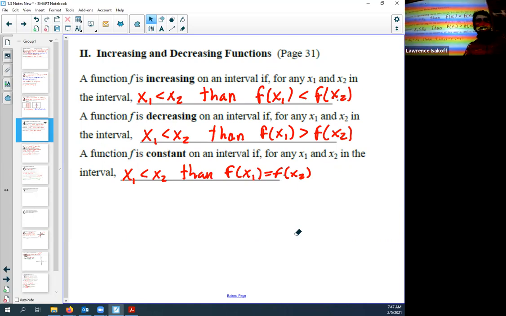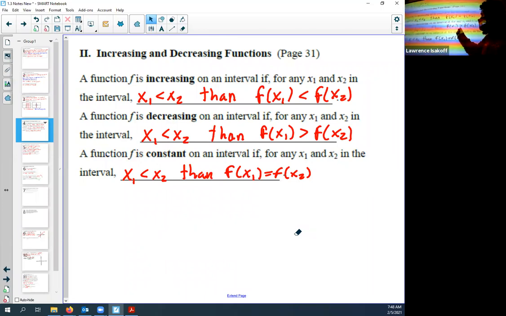Basically what this is saying, x1 is less than x2 going left to right, the first y value is smaller than the next y value. Basically, if it's increasing, it's going up as we read left to right.